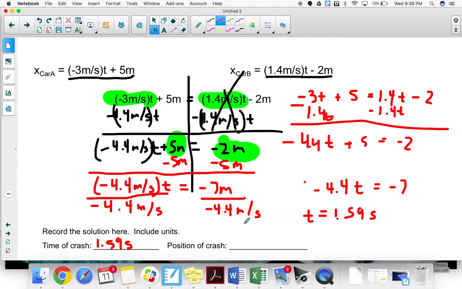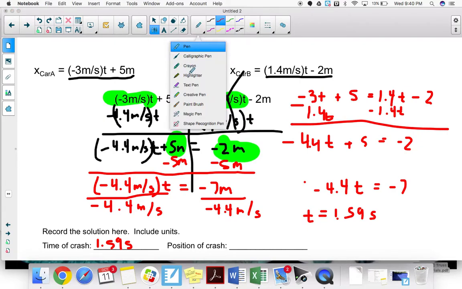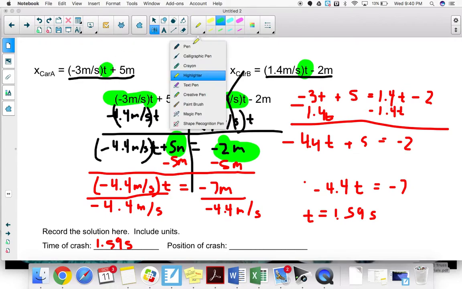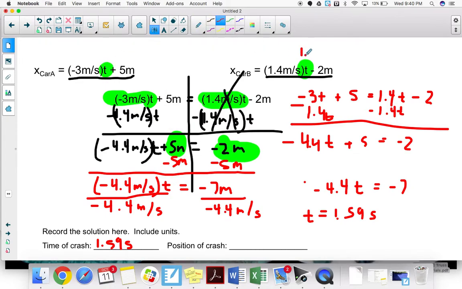And then to figure out position, we're just going to come up to the original equation. And any place I see time, I can substitute in 1.59 seconds. So that's going to get multiplied in this problem by 1.4 meters a second.